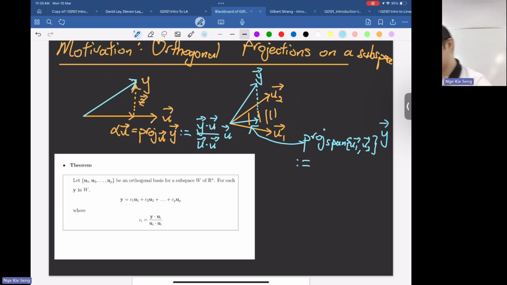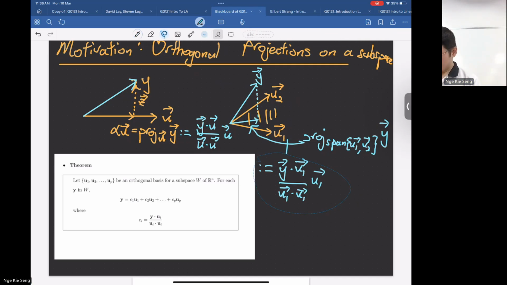Okay, let's say we repeat it. Let's just try. Take y dot u1 over u1 dot u1 times u1. And then the other term is y dot u2 over u2 dot u2 times u2.